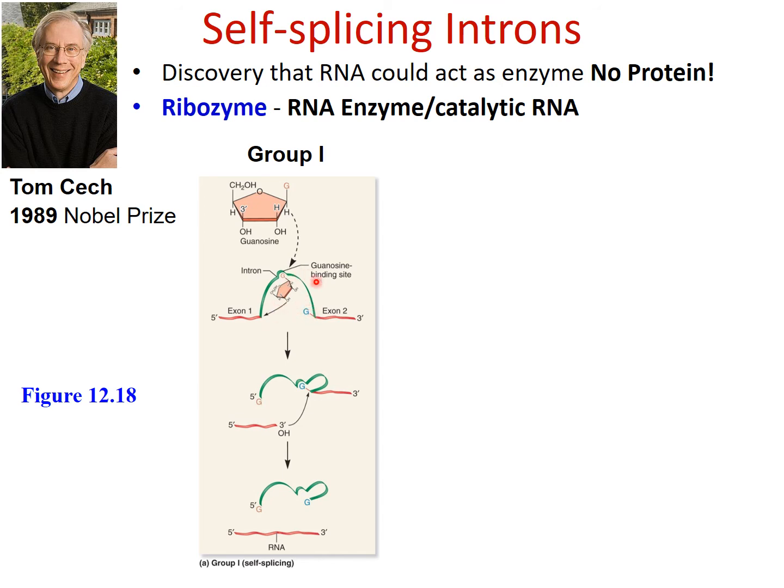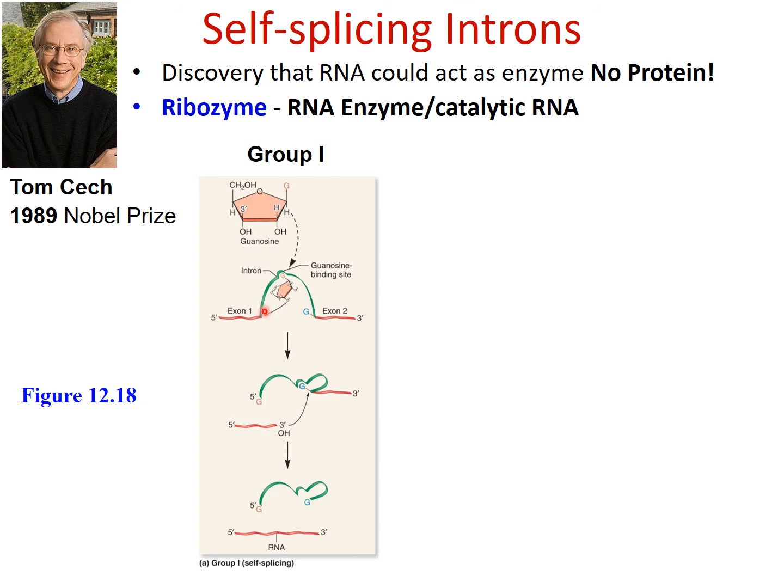Now, one of the sites in this structure is a place that will bind guanosine. This is not guanosine that's encoded in the intron or in the DNA or anywhere. This is just a free guanosine nucleotide. It needs to bind to that site. That's going to be important for splicing because that guanosine is going to attack the 5' end of the intron and become covalently attached.